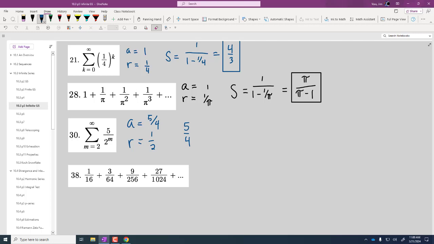And then when m goes to 3, we would add 5 over 2 to the 3, which is 8. Then we go to the next term, where m is 4. We're going to have 5 over 2 to the 4th, which is 16, plus etc. So there's the expanded form of the series. The common ratio tells you how you get from one term to the next. We are multiplying by 1/2 repeatedly.